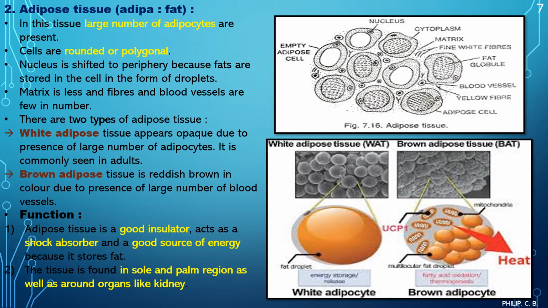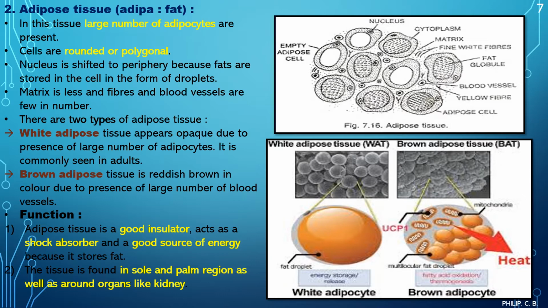Further, function: adipose tissue is a good insulator, acts as a shock absorber and is also a good source of energy because it stores fat. Just to add a point, as mentioned, good insulator and shock absorber means suppose we fall anywhere or get hit by something, these adipose tissues act as a shock absorber. Also, another term is good source of energy.